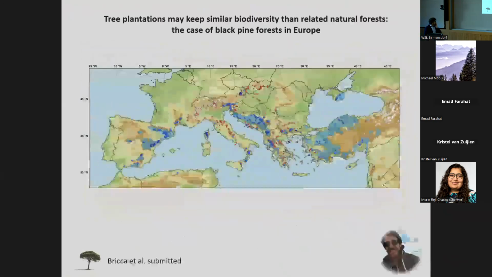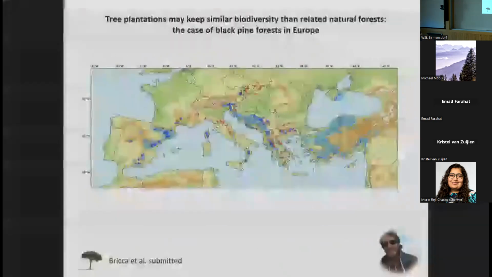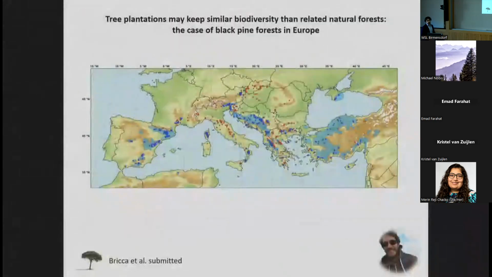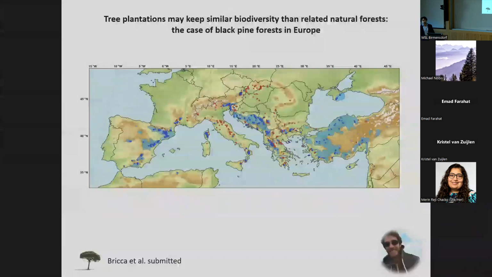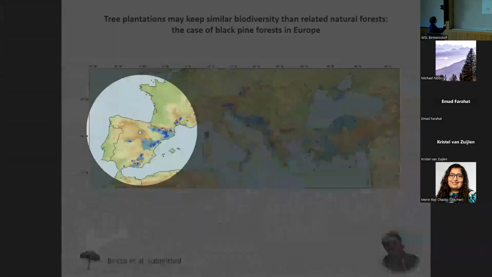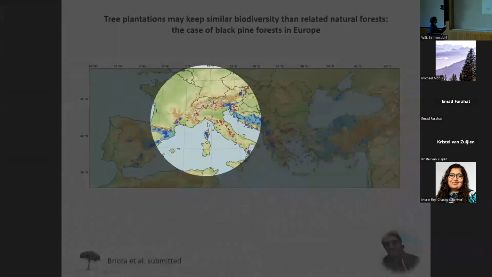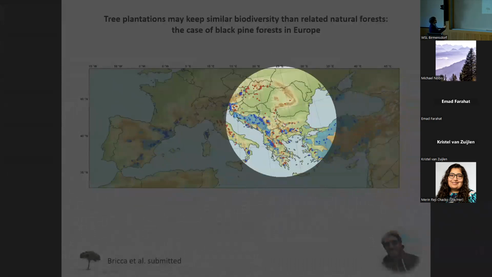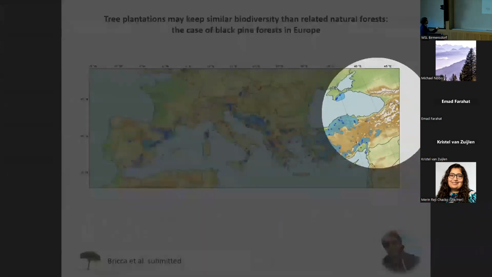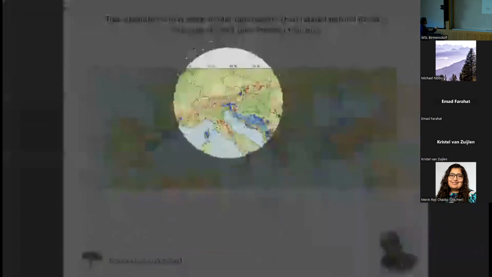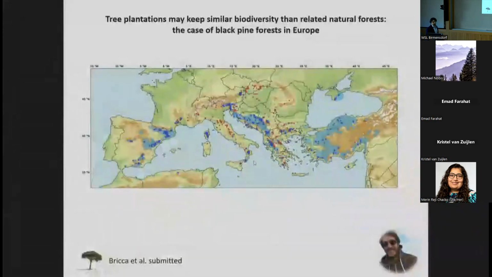So what we are doing here is to assess the differences between native sites and non-native sites in terms of plant diversity. So here in blue, you have all the sites where Pinus nigra is native. And in red, you have the sites where Pinus nigra is instead planted.